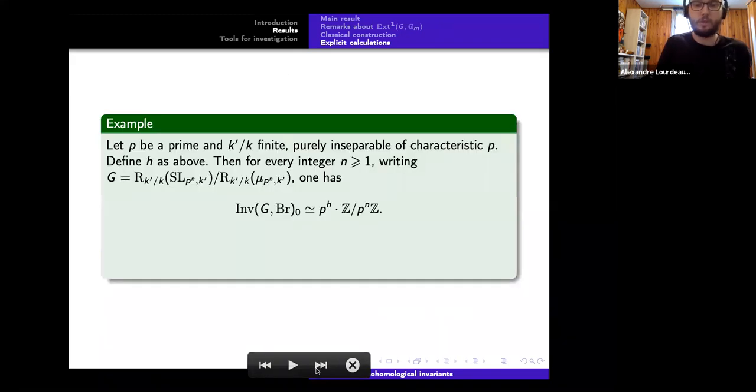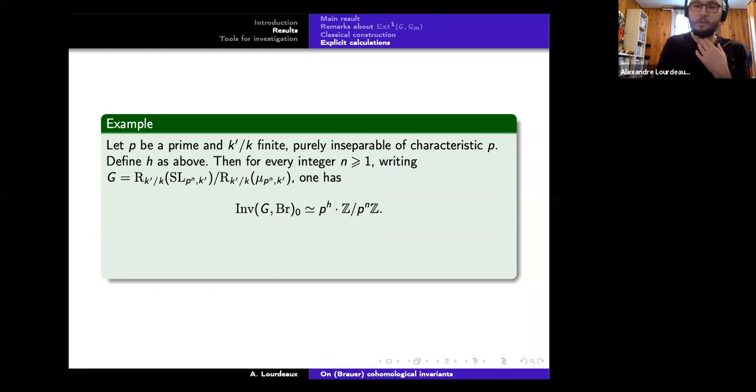And so explicitly, in the case where we take G' to be SL_{p^n} and mu' to be mu_{p^n}, the group of invariants is the subgroup of Z over p^n generated by p^h.